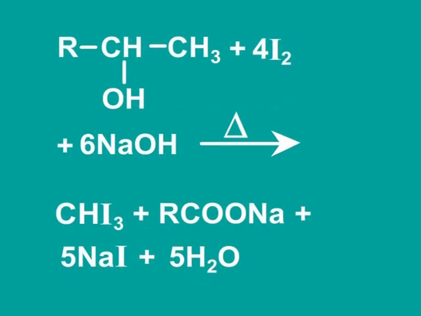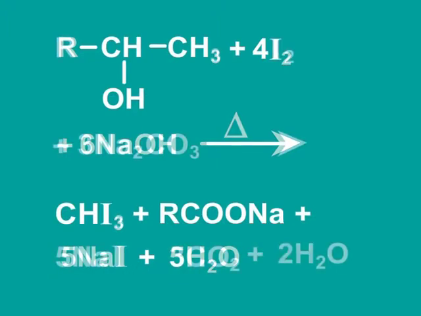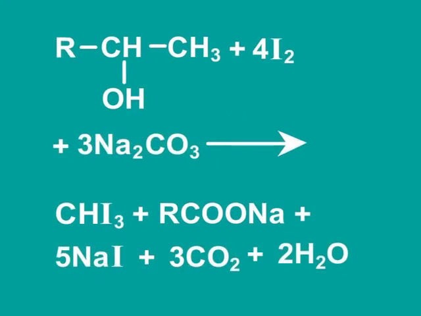When a mixture of methyl secondary alcohols and iodine and sodium hydroxide is heated, iodoform, sodium carboxylate, sodium iodide and water are formed. Methyl secondary alcohols react with iodine and sodium carbonate to form sodium carboxylate, sodium iodide, carbon dioxide and water.